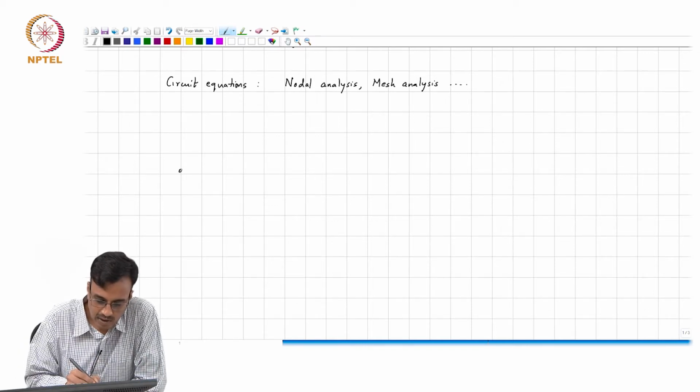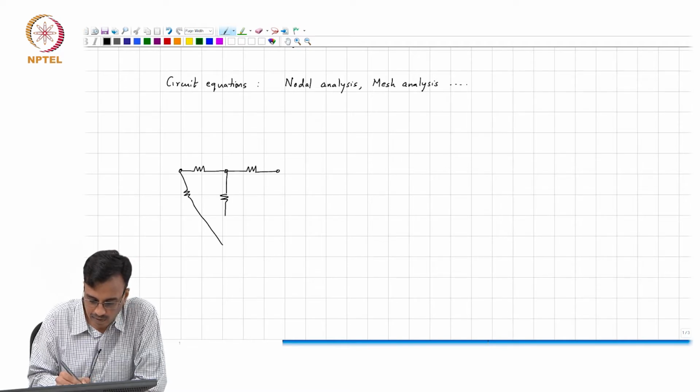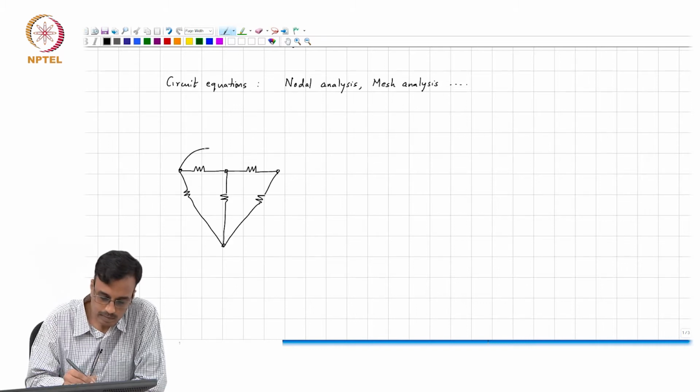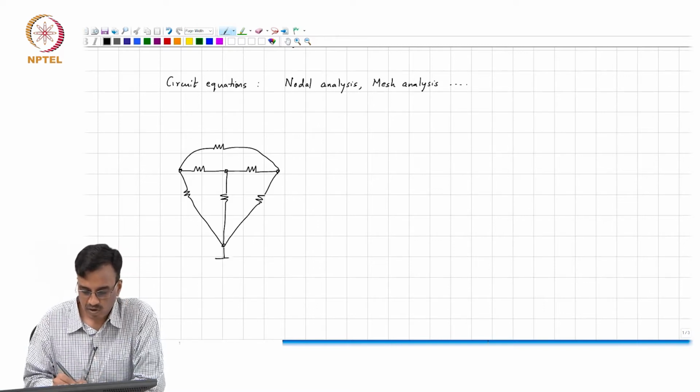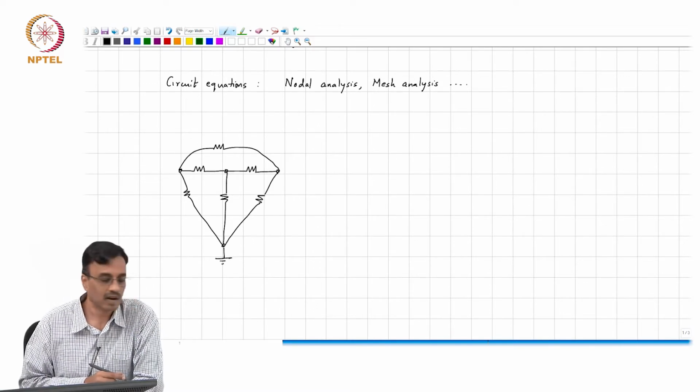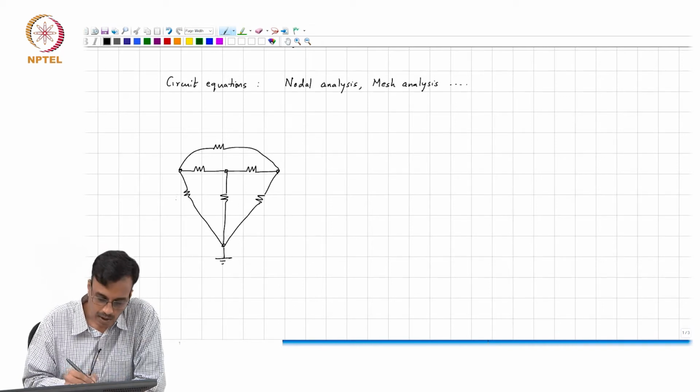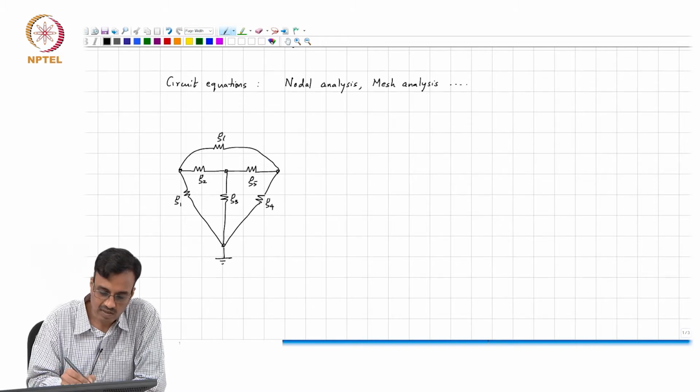So, let us start with networks which only consist of resistors or conductors and current sources. And again, I am going to take this ice cream cone network as an example. I am going to choose some node as the reference voltage or ground, and we will have the conductances G1, G2, G3, G4, G5 and G6.